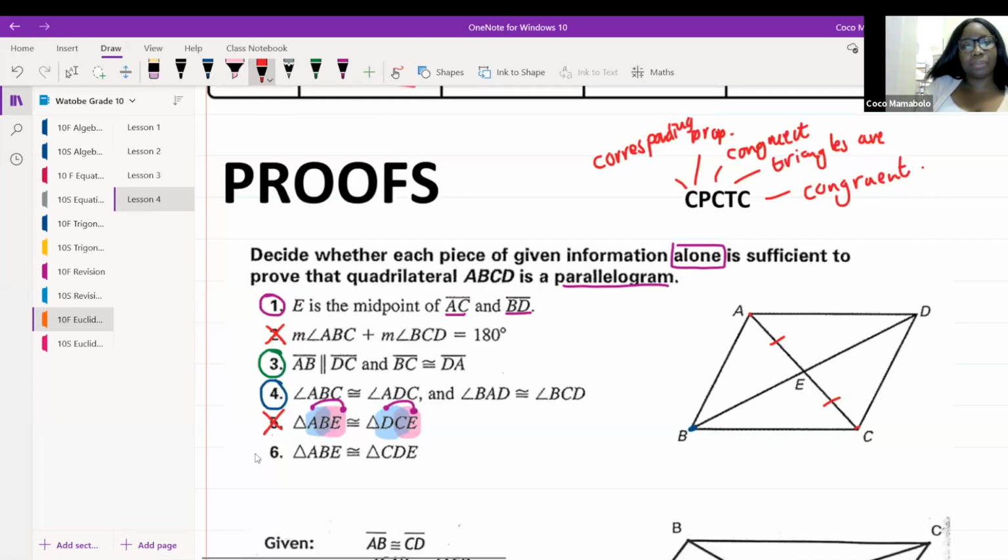Hello, Kama. How are you doing? How are you, ma'am? I'm good, thank you. How are you, my sweetie? I'm good. I was just going to ask, are we still doing proofs? Yes. And this is still Euclid? Yes. Oh, girl, I'm so lost.